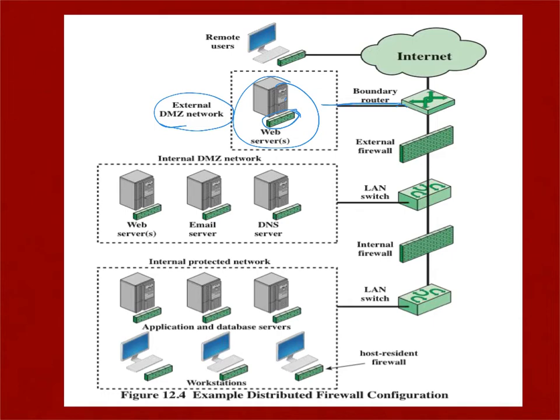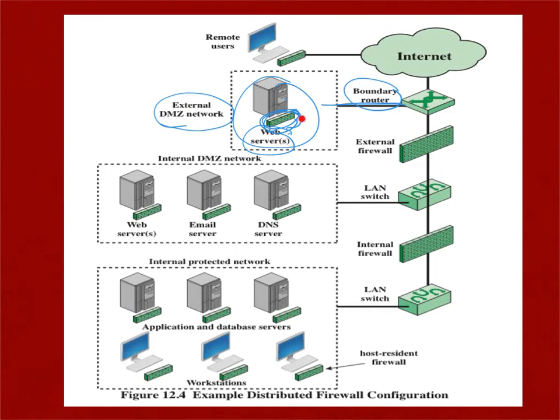So I can connect this to the boundary router directly without the firewall, and rely on the host-based firewall to provide the necessary protection for this web server. This means that in the host-based firewall we can configure customized rules for this particular host, and for this host the customized rules will be specifically for web service. So in that case I don't have to include this external DMZ after the external firewall. Why?